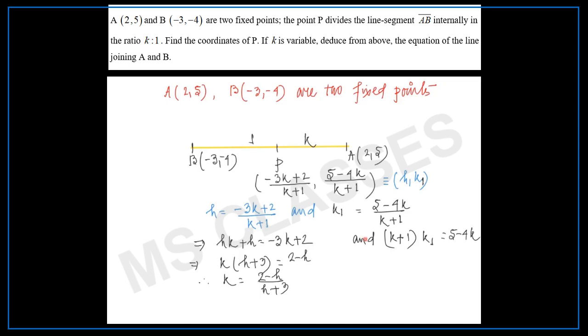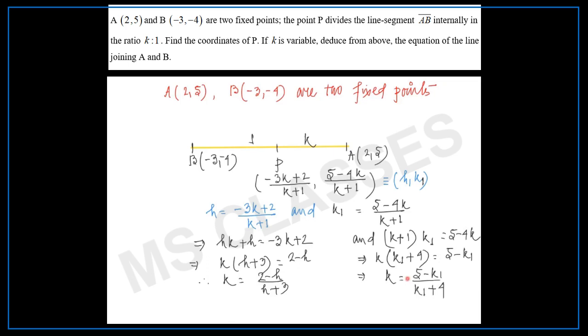Just simplified, it is k·k1 + k1 = 5 - 4k. Now we simplify this further to get k. Taking k common, (k1 + 4)k equals 5 - k1. Now this gives us k equals (5 - k1) by (k1 + 4).